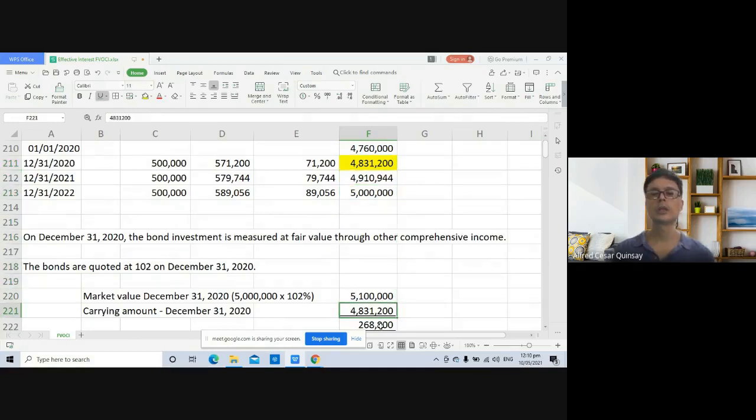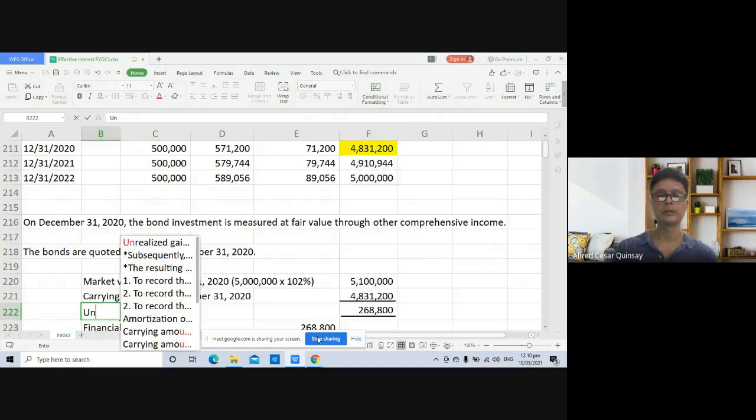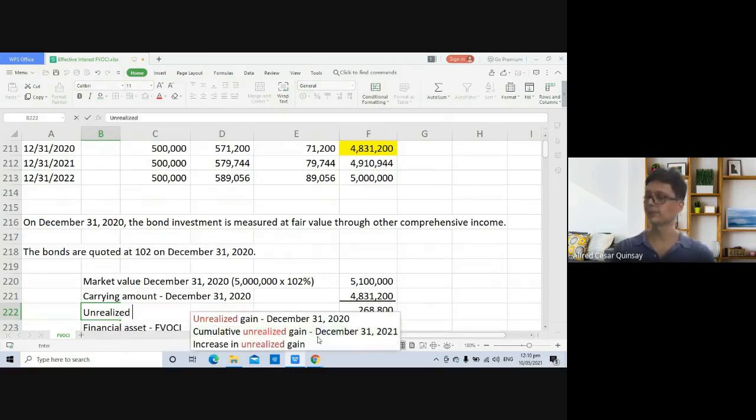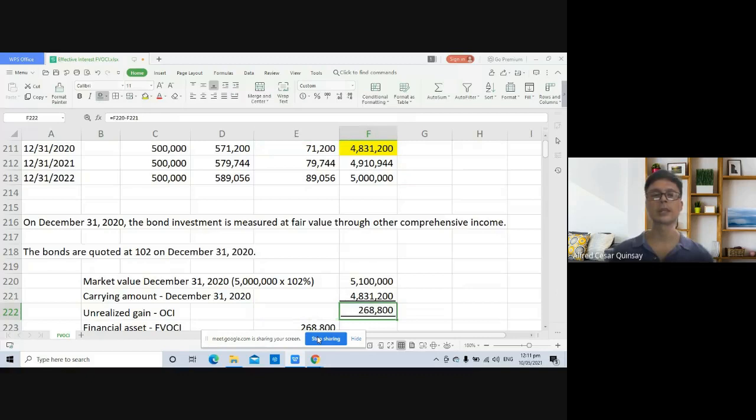So in other words, yung kanyang pinaka unrealized gain, no? Unrealized gain on December 31, 2020. So papasok ito dun sa other comprehensive income, which is 268,800.